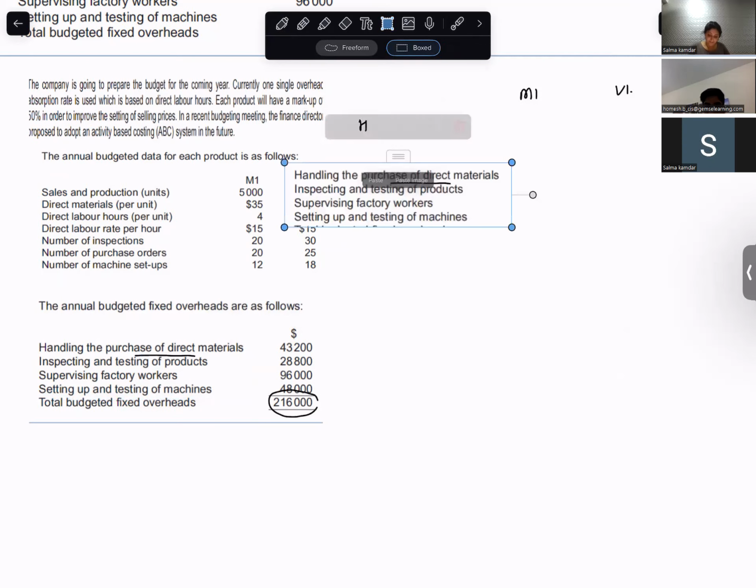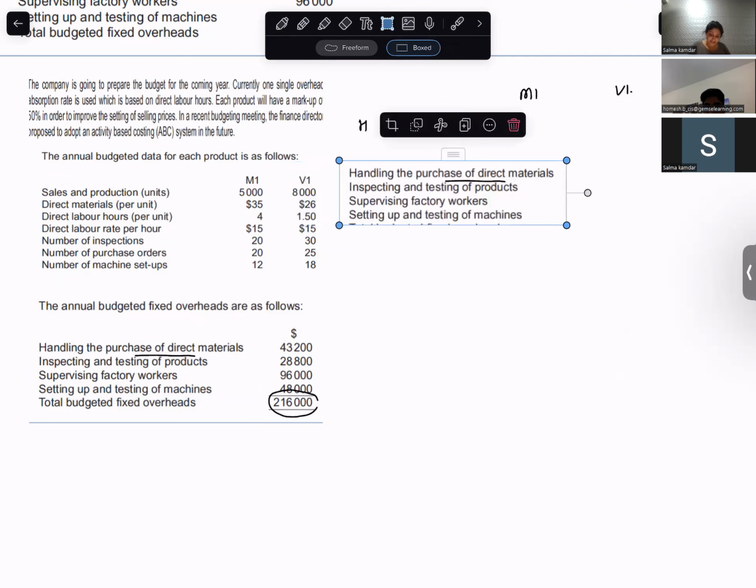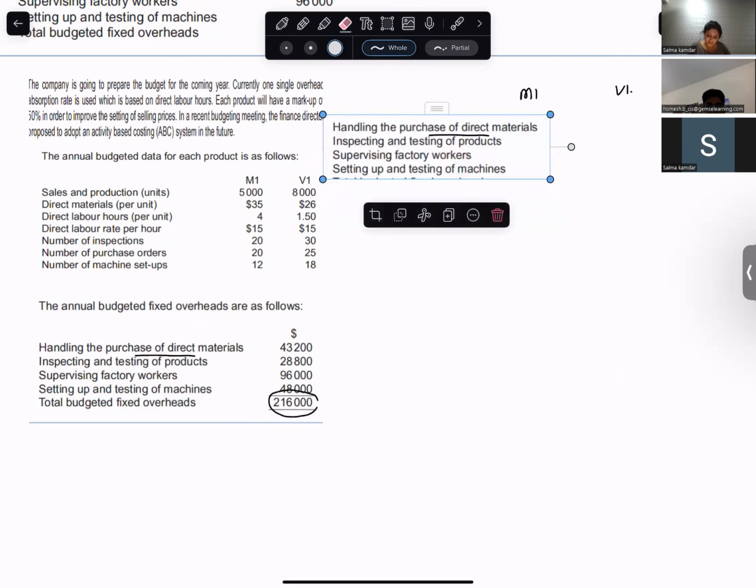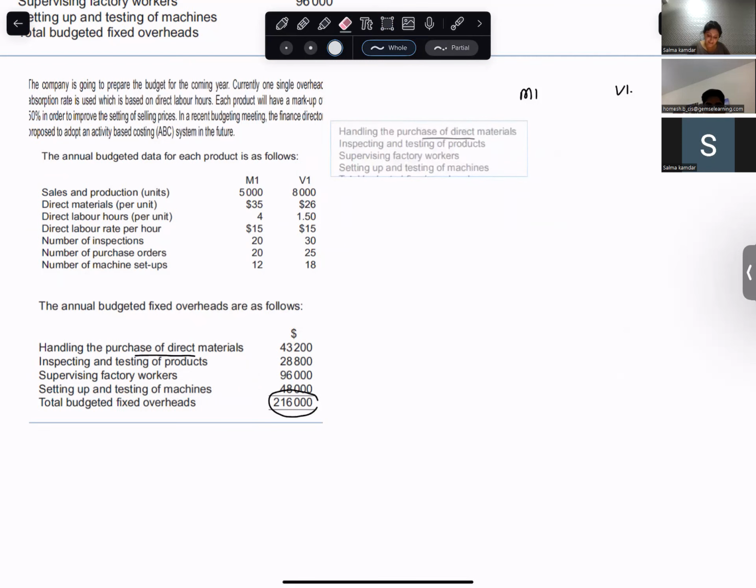inspection and testing of the product, supervising of the factory workers, and setting up of the machines.